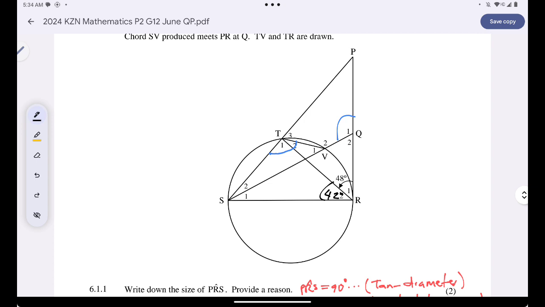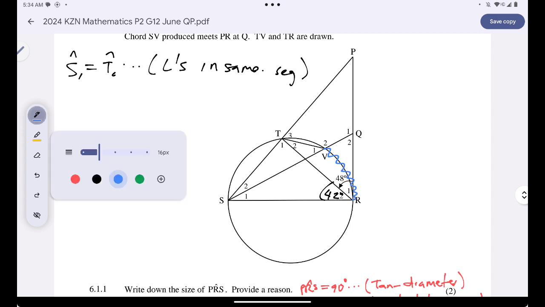Are we together? Okay, it's fine. I know that S1 is equal to angle T2. These are angles in the same segment. Both of them are subtended by this arc over here.